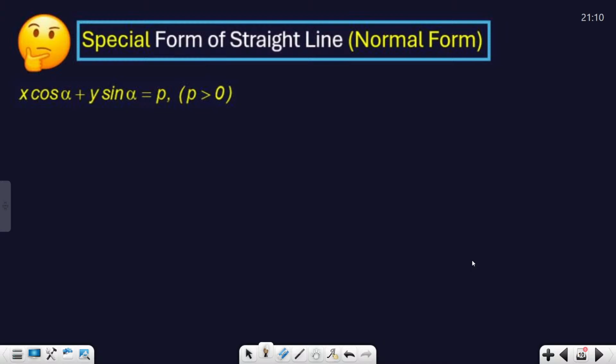But now this is a special form of straight line, which is x cos alpha plus y sin alpha is p. That's the form of the line. Now the question will come here, what is alpha and what is p? Okay, so let me just explain it.